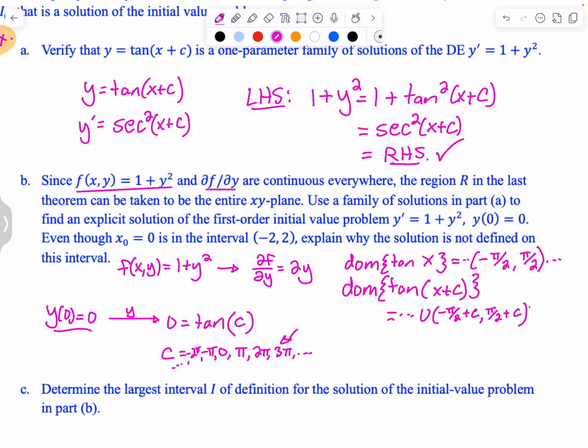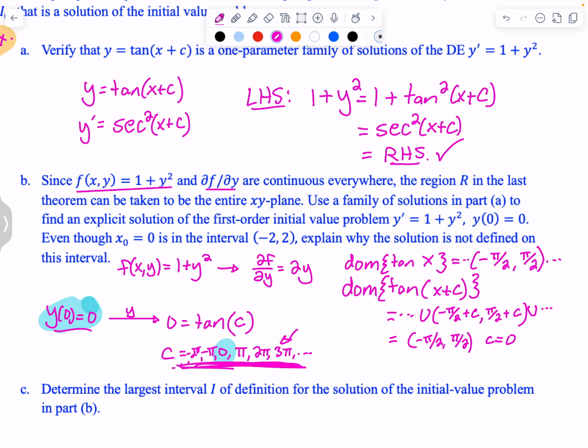I could have done minus c and it actually would have worked out the same. But c in this case, I have to pick something here. The only c that's going to work with those two things is the one right there. So if c is 0, then this is defined on negative pi over 2 to pi over 2 when c equals 0.